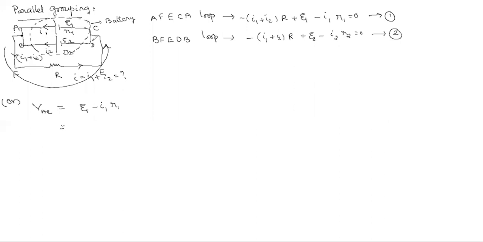So between B and D is also equals to V between A and C. So that is equals to, can I write it as E2 minus I2 R2? Yes, sir. That is equals to, again here, between A and F, nothing is there. So F is also equals to A, E is also equals to A. So between, sorry, B, C. So again, between A and C here, can I write I1 plus I2 into R?